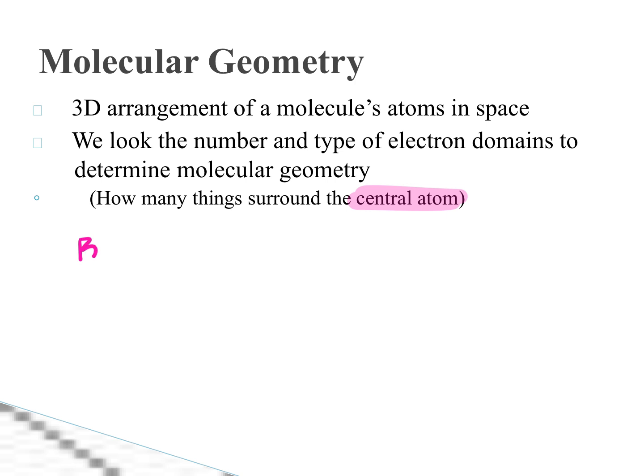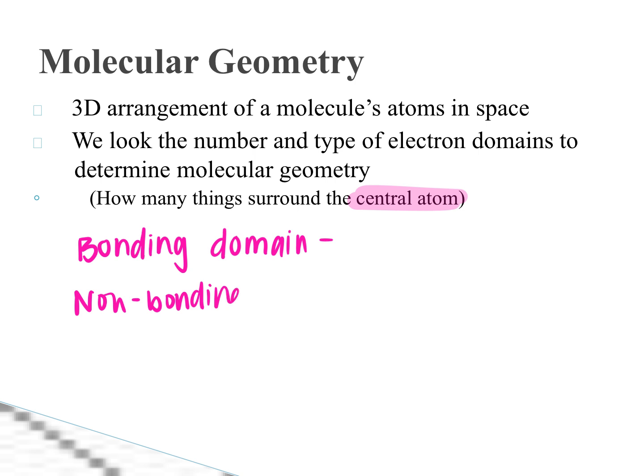There are bonding domains and there are non-bonding domains. A bonding domain just means that it contains at least a single bond.